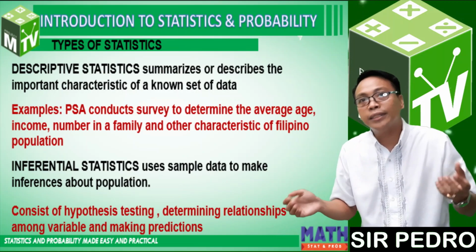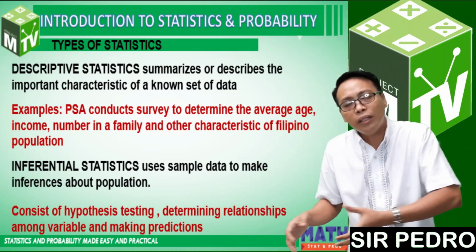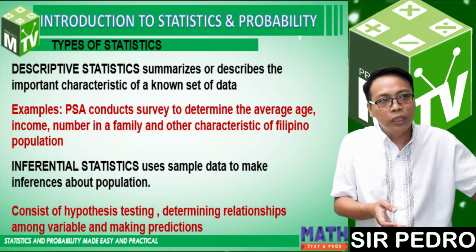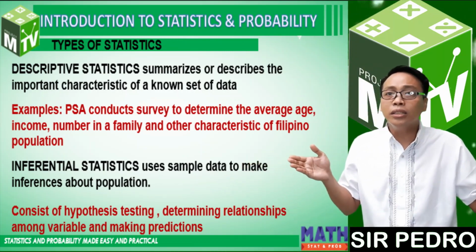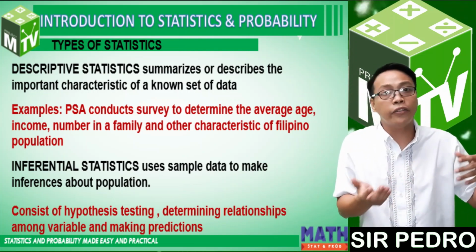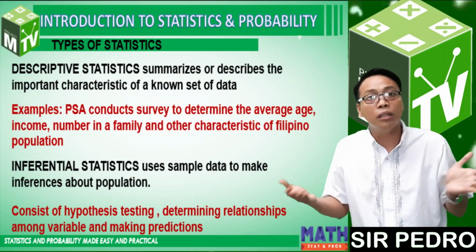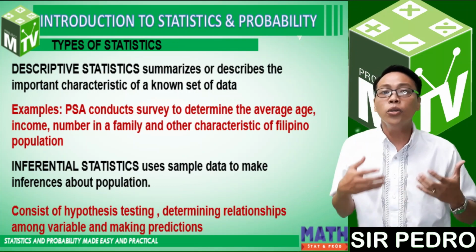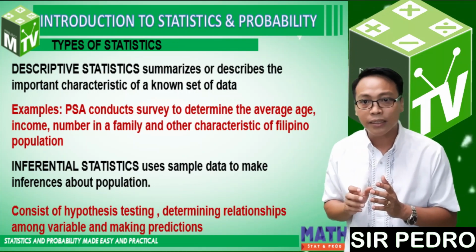Or is there a relationship between grade in math and grade in English? What does this relationship imply? Meaning, if you are good in math, does that also mean that you are good in English? If you are good in English, does that mean that you are good in math? Or vice versa? If you are good in math, you are not doing well in English, and if you are good in English, you are not doing well in math. Those are relationships. If you are doing those kinds of testing, you are taking the inferential part of statistics.